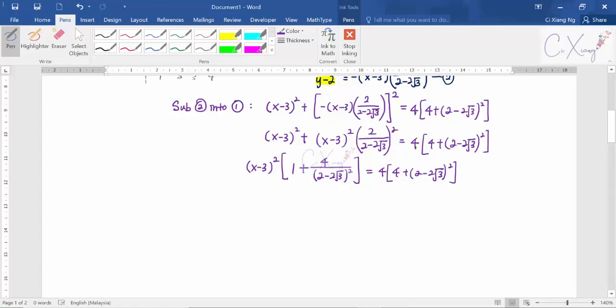Okay, then now I want to keep the (x - 3)² on the left, then this bracket to the right. But before I can change it to the right hand side, I want to make it as one fraction first. So I'm having (2 - 2√3)² + 4 equals to what we have on the right hand side.